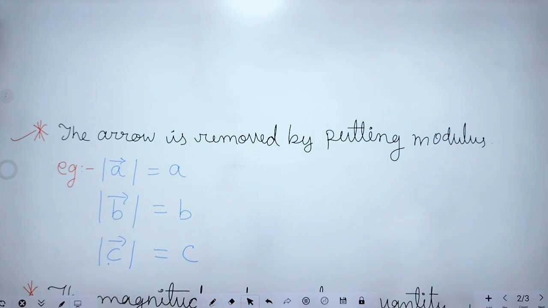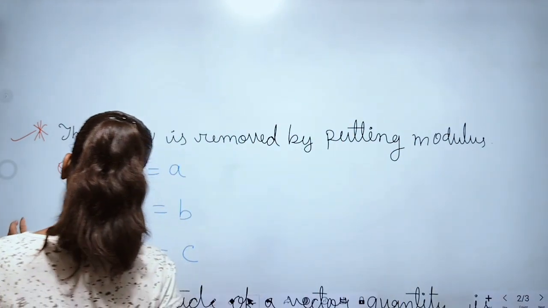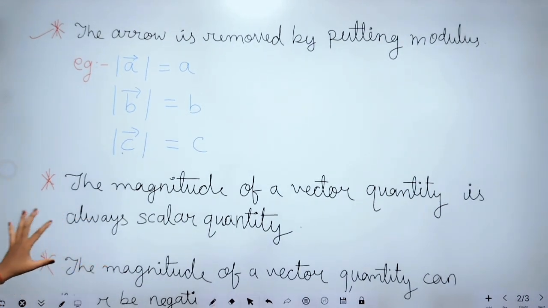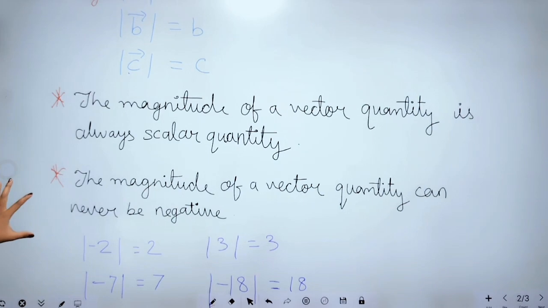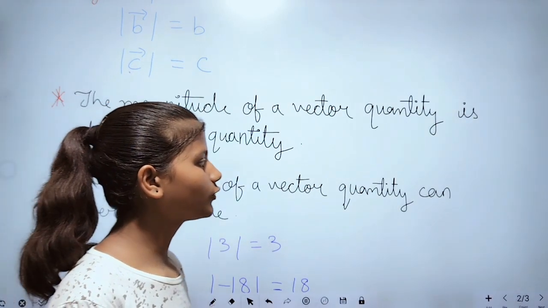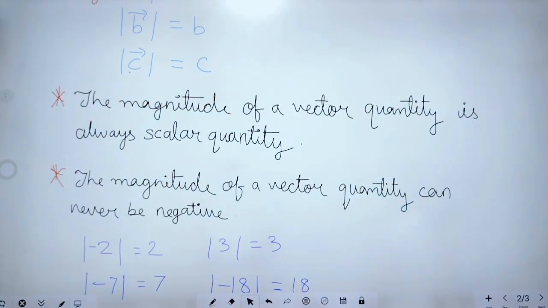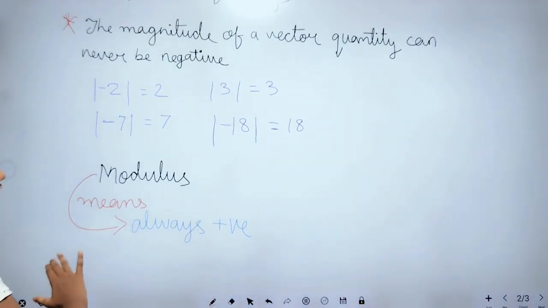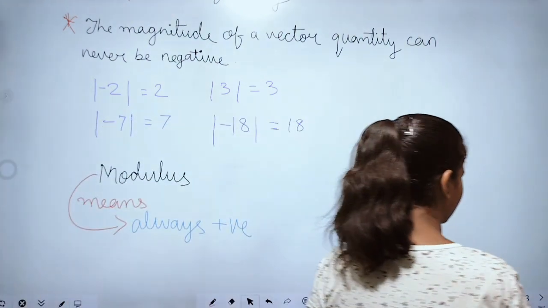When we put modulus, then the arrow is removed. Next point is that the magnitude of a vector quantity is always a scalar quantity. And last point is that the magnitude of a vector quantity can never be negative. It will always be positive, and modulus means always positive.